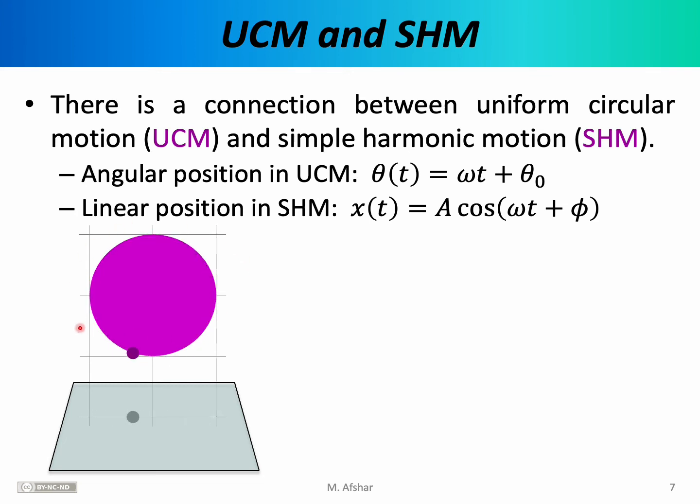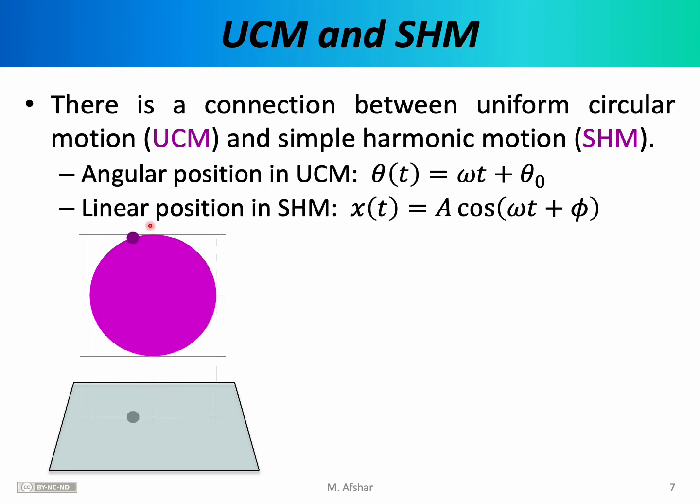We would say that the knob is executing uniform circular motion because it travels along a circular path with a constant speed. Now imagine that the wheel is oriented vertically and that there's a light source above, and that the light casts a shadow on a table below the wheel. So the wheel is simply rotating above a table, and what we can see on the table is the shadow of the knob.